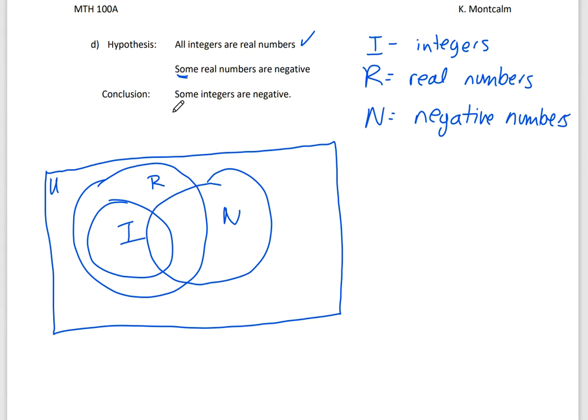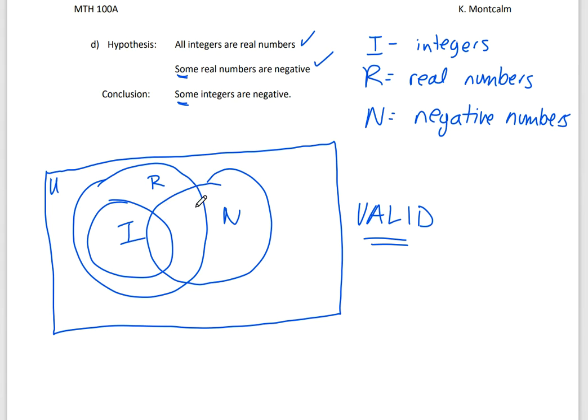And those are going to be the cases where we have some. Right? Some is a little bit iffy. So some real numbers are negative. So you would have that it's valid because we don't know whether or not the negative is going to overlap with our integers. So we're going to say that this argument is valid. Right?